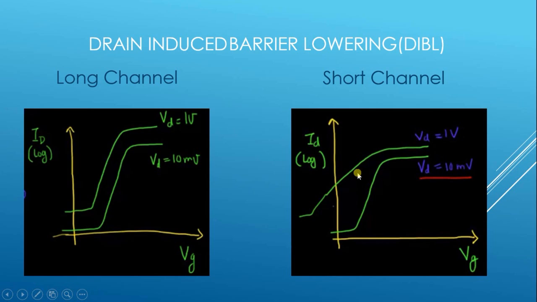This slope is called a subthreshold slope, and it is measured by x upon y. We usually measure the slope by dy upon dx, but here it is opposite. We take it dx by dy.